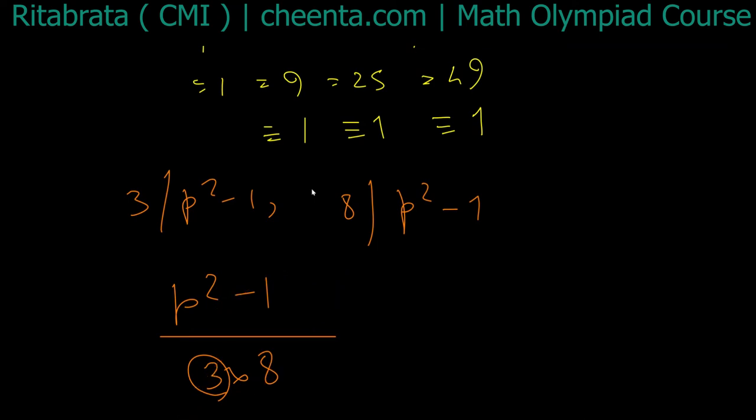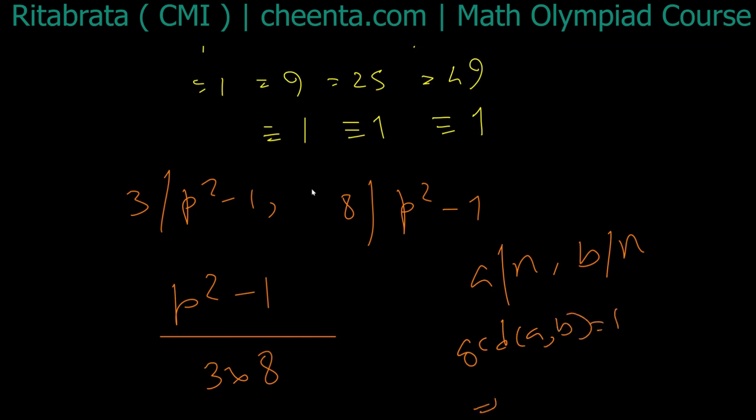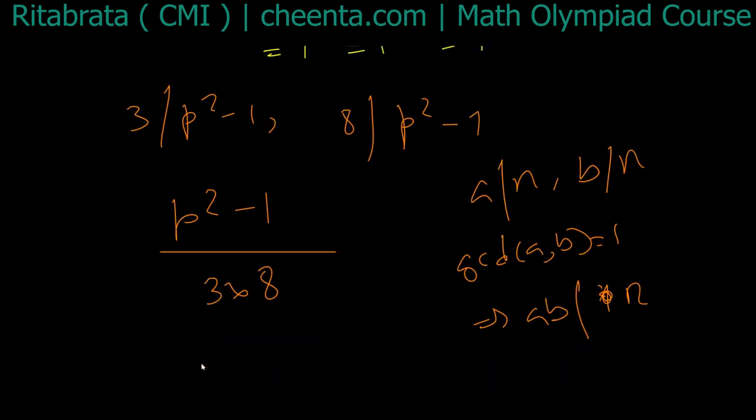This is a very common lemma: if a divides n and b divides n, and GCD of a and b is 1, then ab divides n also, because they don't take out any common part. So 24 divides p square minus 1. So this is true.